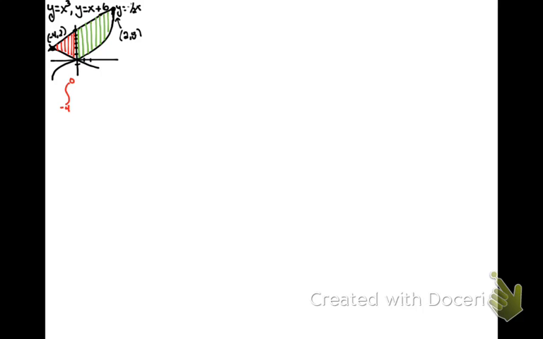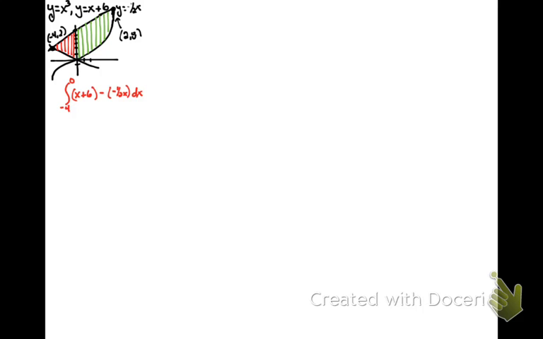So in this case, we need to consider x plus 6, the upper curve, minus negative 1/2 x, the lower curve, dx. And what this means is I'm going to find everything from x plus 6 to the x-axis, and then subtract everything from negative 1/2 x to the x-axis on the interval negative 4 to 0. And that will give me the area in red.